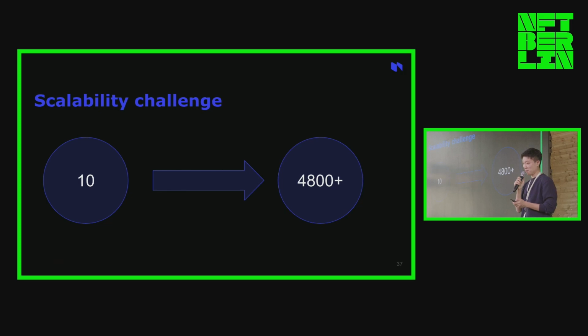All right, scalability challenge. We started with 10 valuation models, and now we have scaled to about 5,000 models. And every day we build about 200 to 300 different models. This is super difficult: computation-wise, storage-wise, and latency-wise. It's too hard.